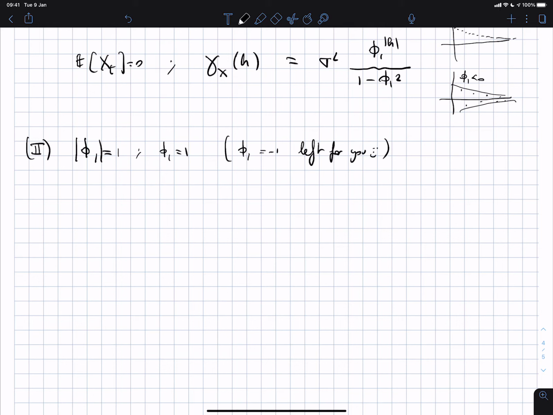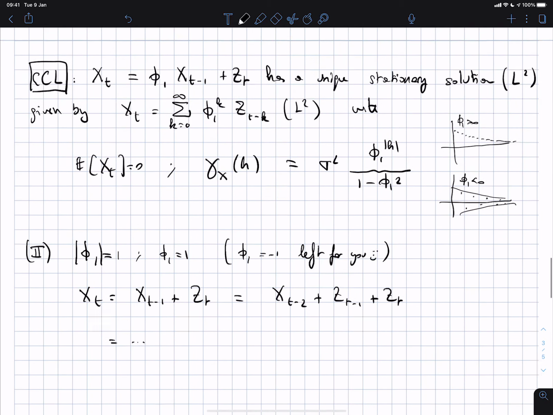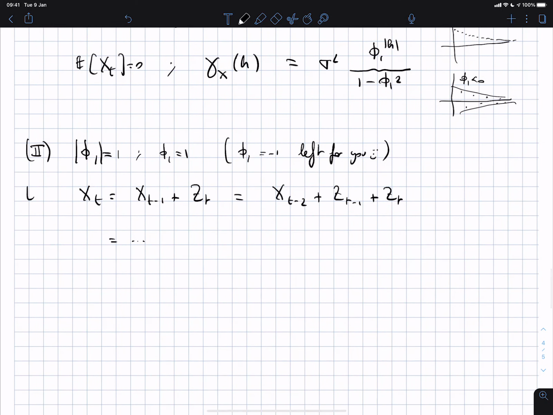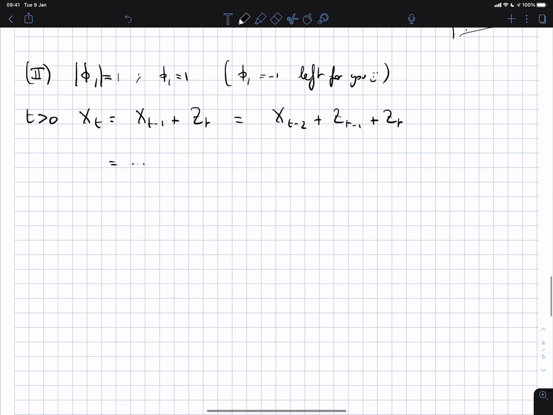If phi 1 is equal to 1, then xt is just xt minus 1 plus zt. It's therefore xt minus 2 plus zt minus 1 plus zt. And I can continue like that. Let's say I only look at t which is positive.